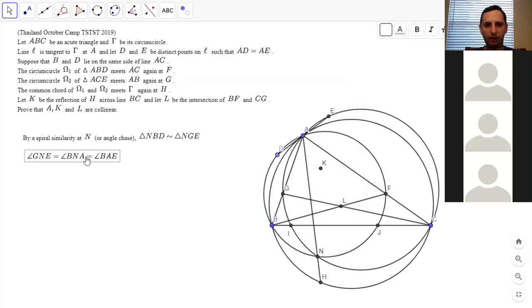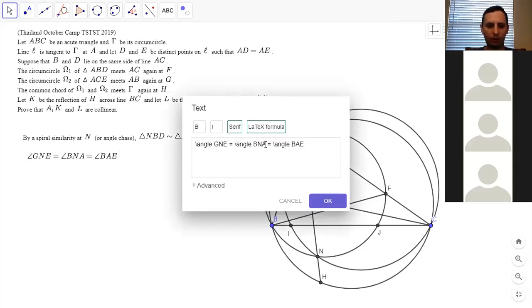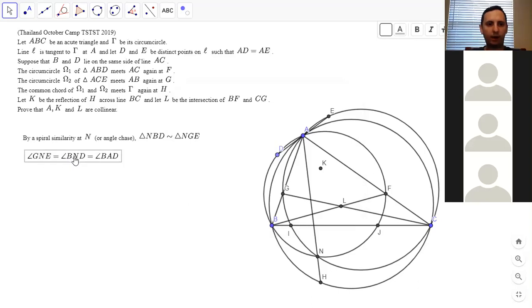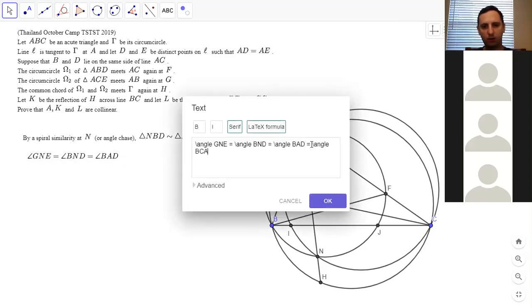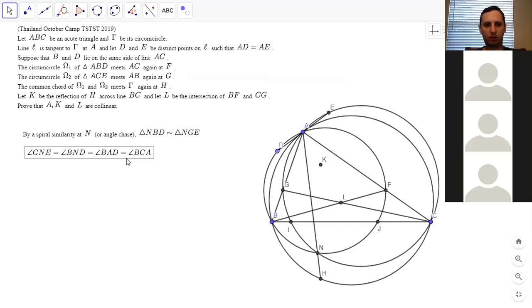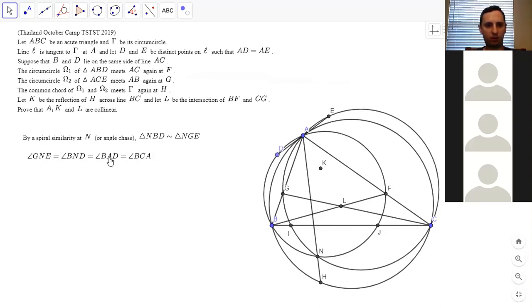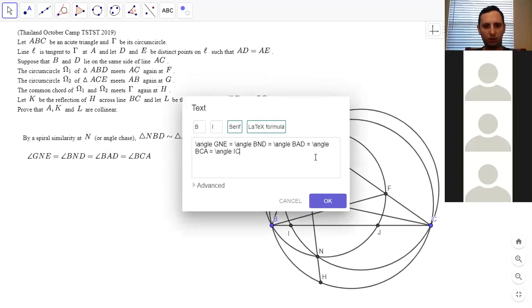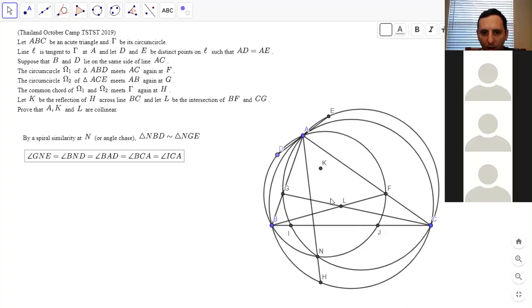GNE is BND, which is BAD, which is BCA, and BCA is ICA. So GNE equals ICA.